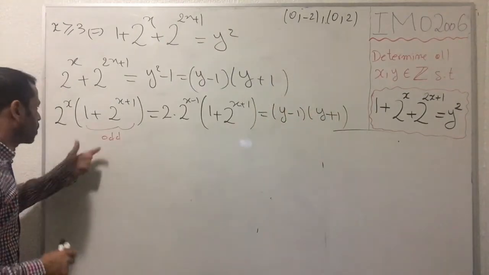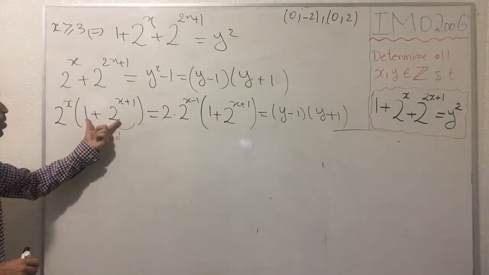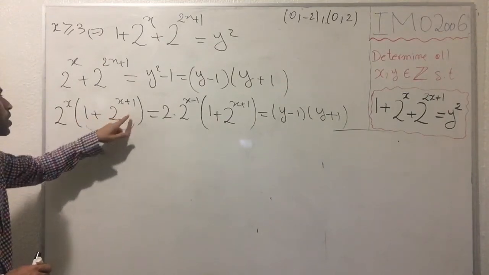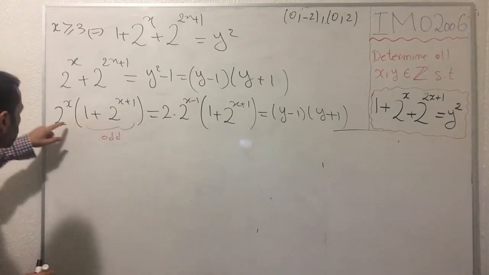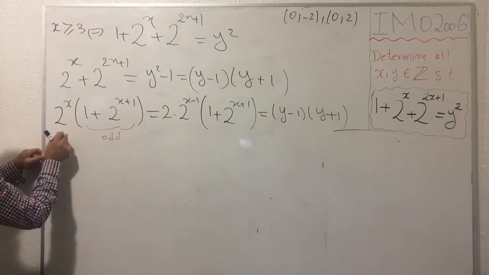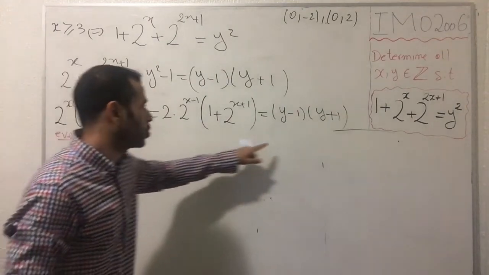If you take a look at these two terms, this is an odd number, because 2 to the x is even and plus 1 it becomes odd. Even multiplied by odd gives you even.